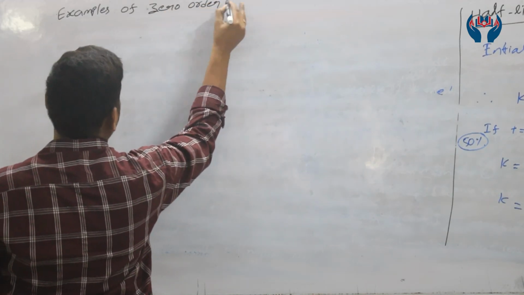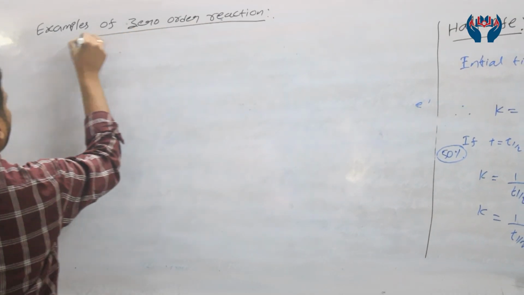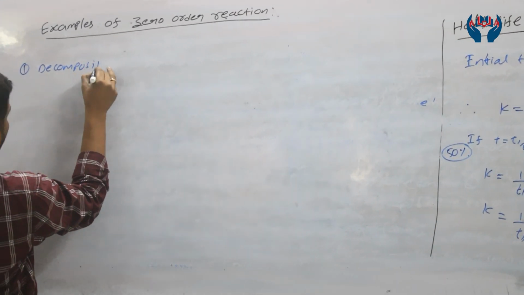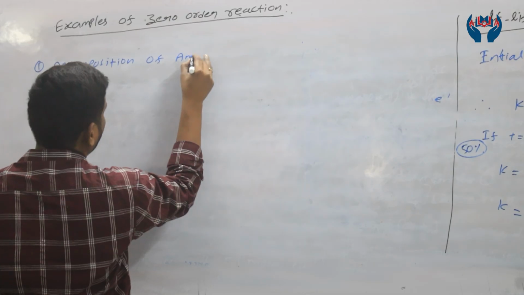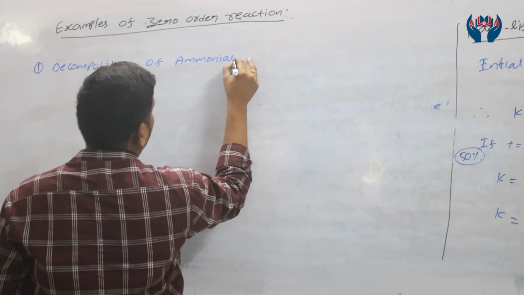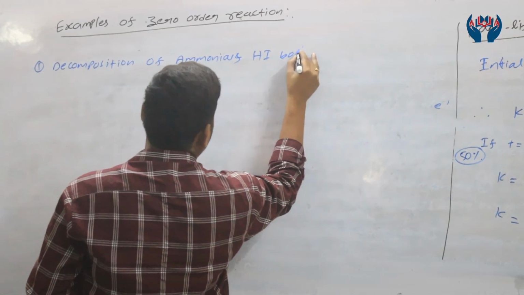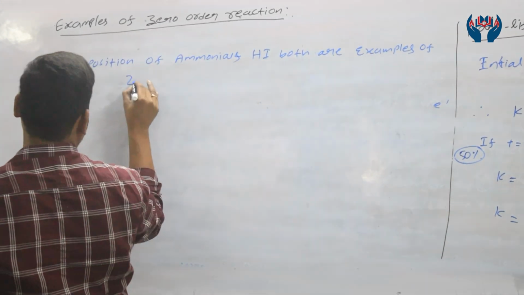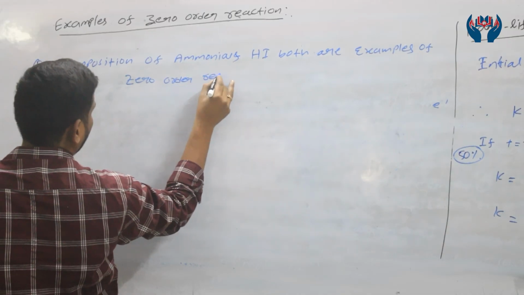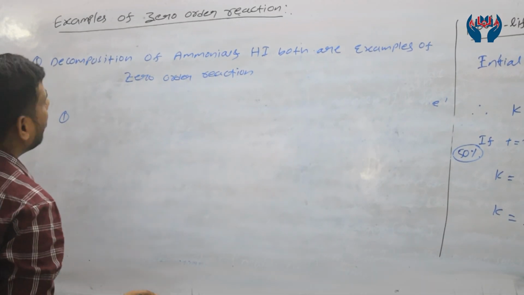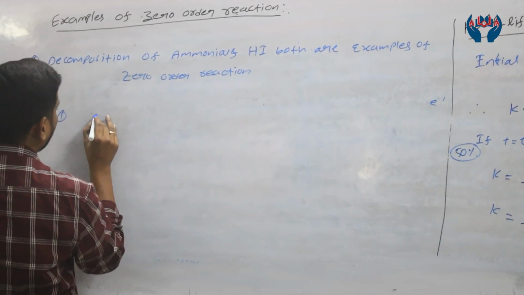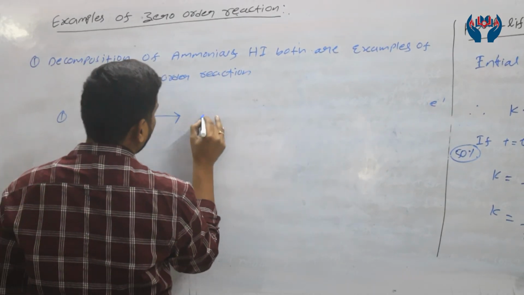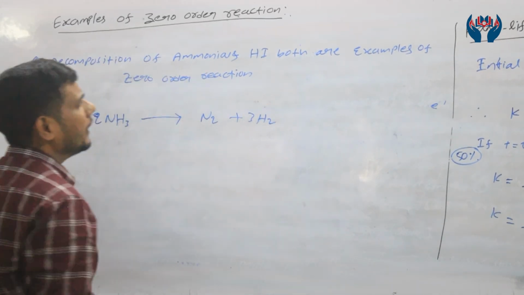The first example is the decomposition of ammonia. 2 moles of NH3 decompose to N2 plus 3 moles of H2. It is an example of zero order reaction.